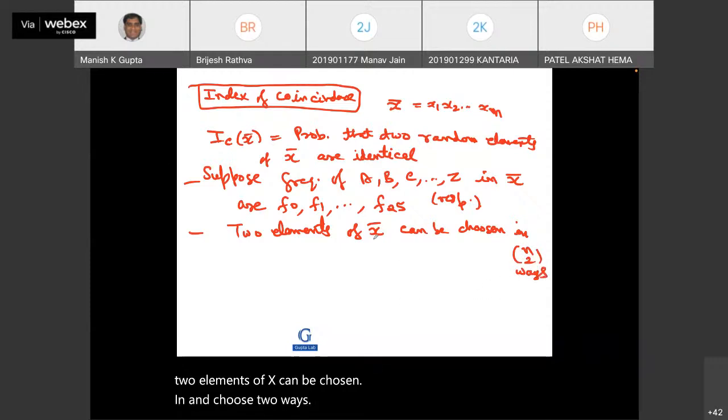Two elements of x can be chosen in n choose two ways. This is very common from discrete math.